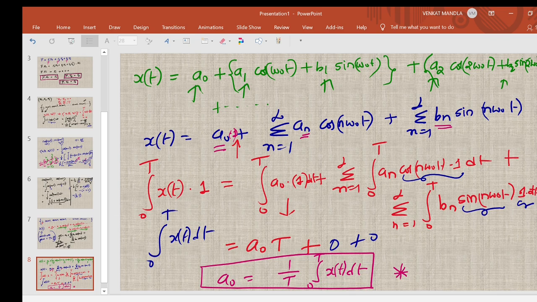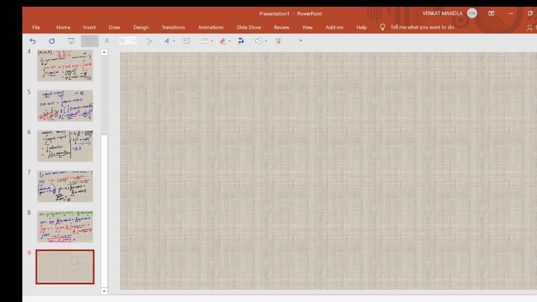This is a DC component. Zero frequency component is also called a DC component, right? So a naught is a DC component, or sometimes also called the average value.